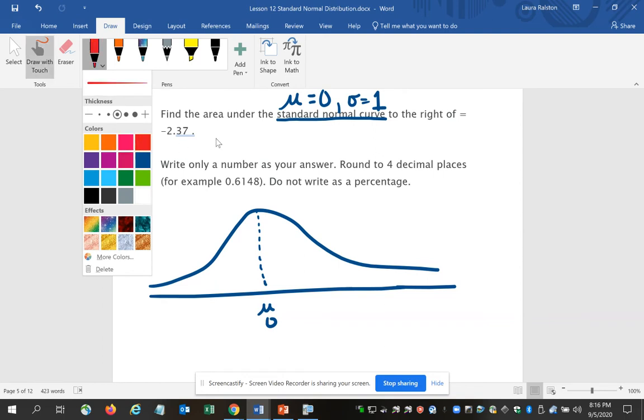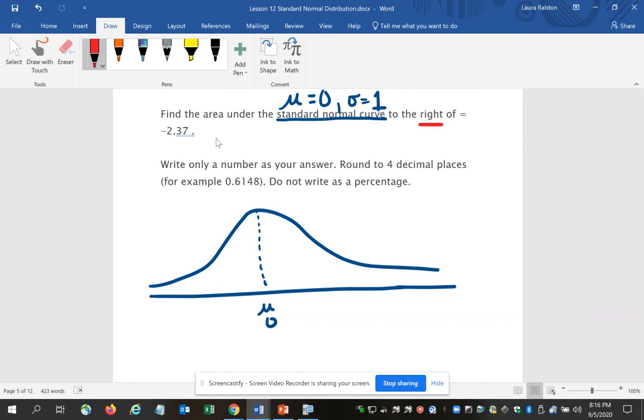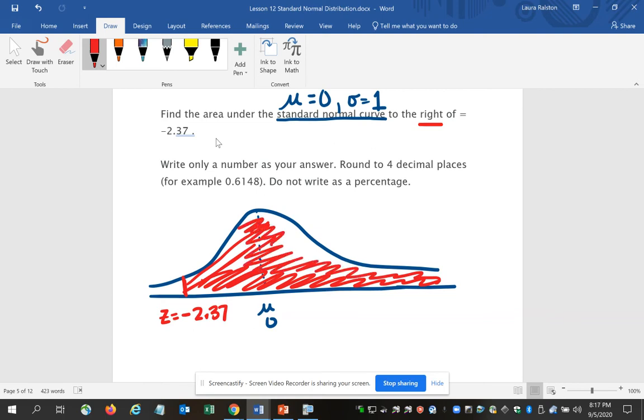Then it says to the right of negative 2.37. Being negative, your z-score is going to be to the left of the mean. So this would be z equals negative 2.37, and you want to be to the right of that. So you're really looking for this big shaded region on the right-hand side of this curve.